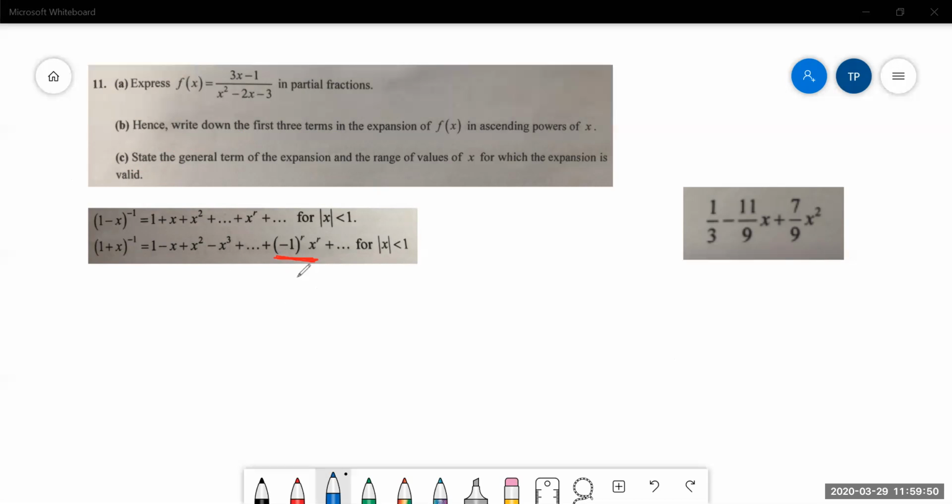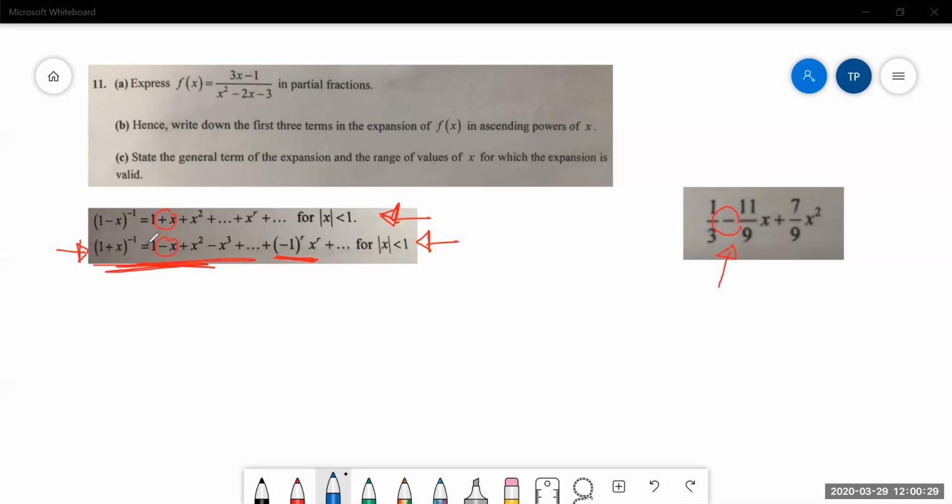Okay, because with regards to this or this, if you were to choose a formula to use, it has got to be the second one because of this minus sign over here. Which minus sign? This one. Because you see, this is plus, this is minus. This is the only format that has negative.